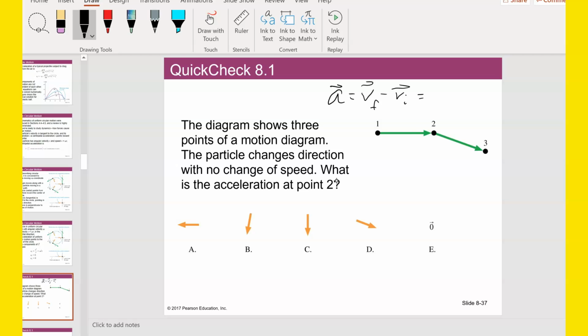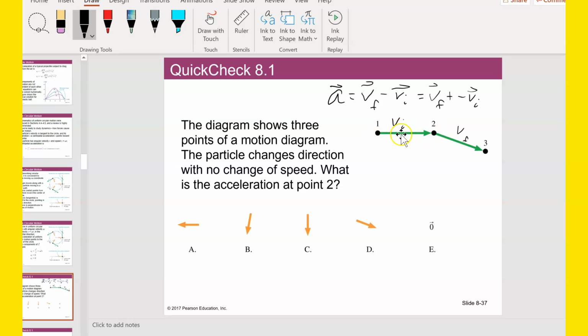So this is the same thing as Vf plus negative Vi. In other words, here's Vi, here's Vf. You take Vf and you add the negative or opposite of Vi.